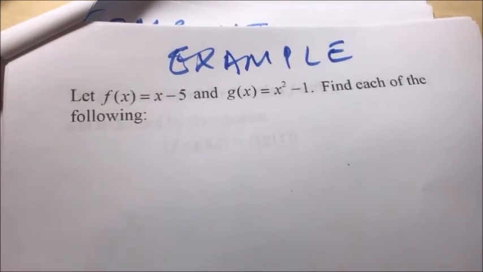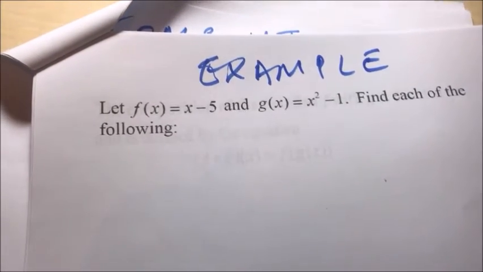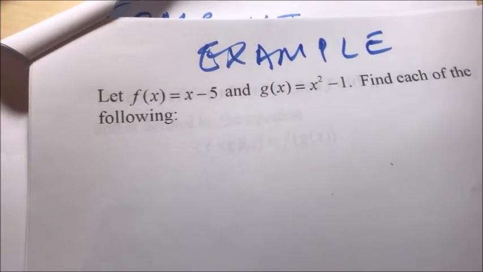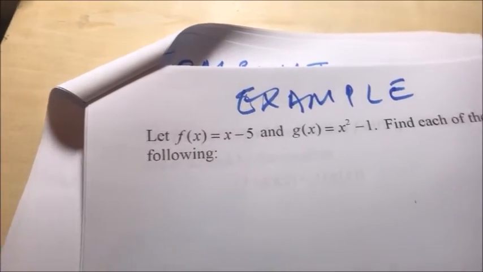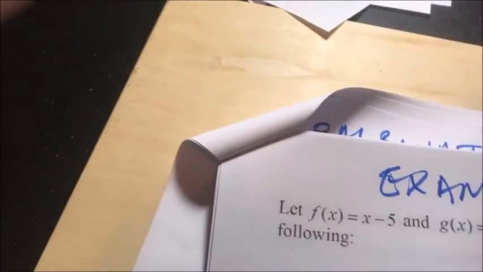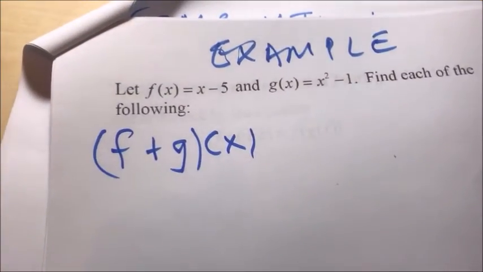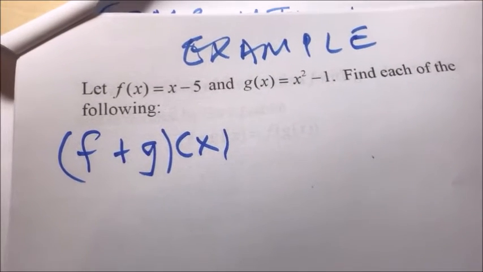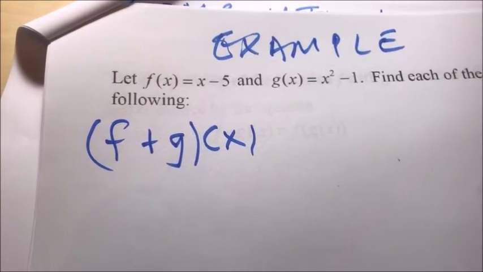So we have f of x equals x minus 5, g of x equals x squared minus 1, and we are trying to find the following. We are trying to find f plus g of x. So how about we just pause the video and you do this.